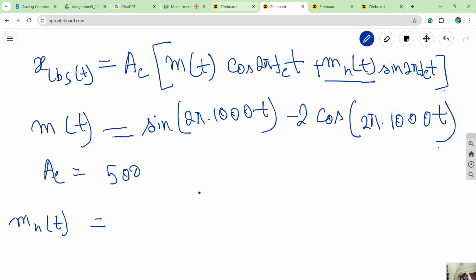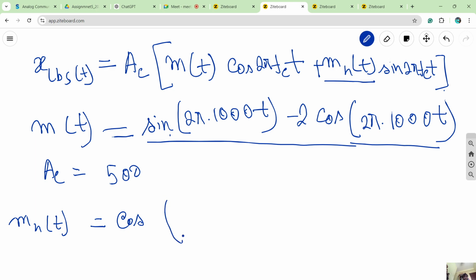Again, in the previous question we have derived a similar pattern. So m_h(t) is actually the pi by 2 phase shift of this signal. So the sine will become cos. And as it is minus pi by 2 phase shift, then there will be a negative. Right? Yes, sir. Yeah.